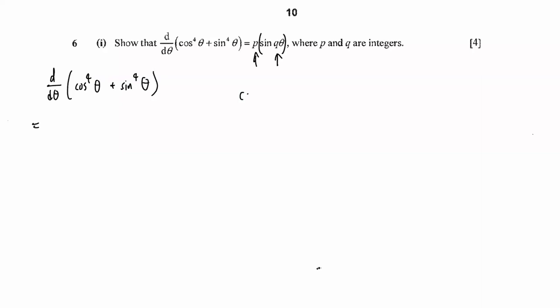First thing you must realize is cosine theta is an inner function, bracket to the power of 4 is an outer function. What do you do when there's outer and inner? Chain rule. So differentiate power 4, what do you do?